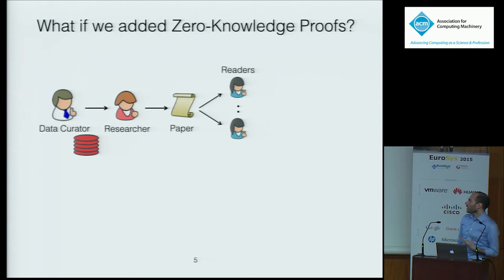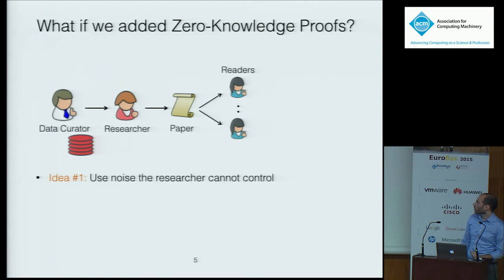A more sophisticated attempt is to combine differential privacy with zero-knowledge proofs. Such a solution would work like this. First, we would need someone else to create the noise so that the researcher cannot pick a convenient noise. For example, the data owner could do it, or the subjects that participated in the study that is contained in the database.